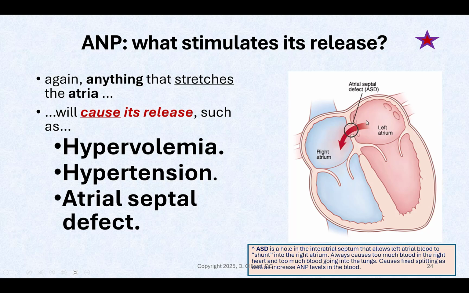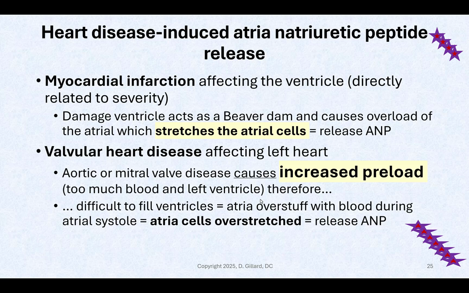I think we have. When atrial systole occurs, it normally shoots blood down here. But if there's a hole here, it injects extra blood into the right atrium. Guess what that does? It stretches the walls of the right atrium. So what? So you will release ANP because of that stretch. Little kids with ASDs will have elevated levels of ANP.